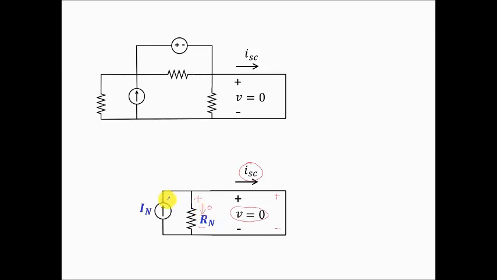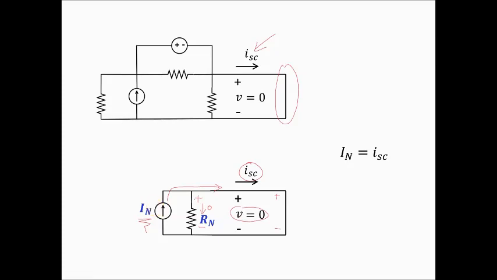So all this current IN is flowing through this branch. So my short circuit current for my Norton model is IN. And that short circuit current has to be the same as the short circuit current here. So when I take my original circuit, make it into a short circuit between those terminals, and I calculate the short circuit current, that has to be equal to this IN. So IN is equal to the short circuit current.